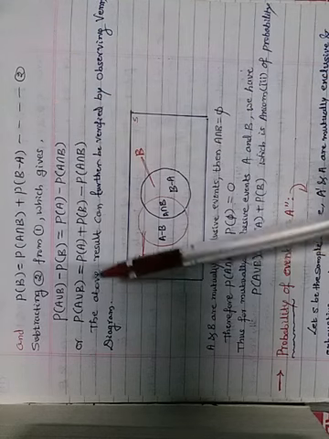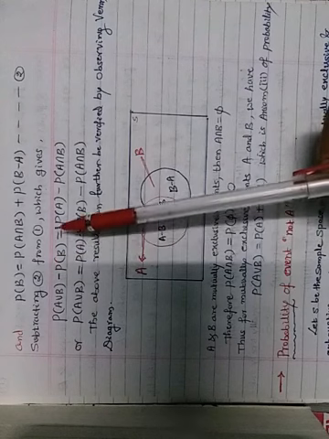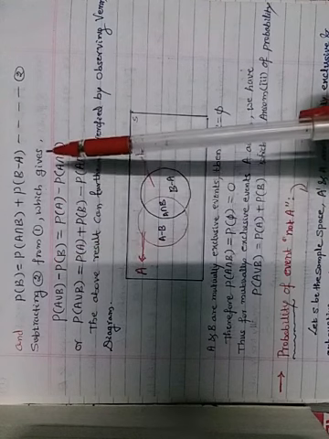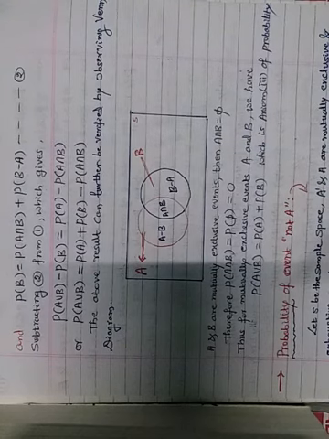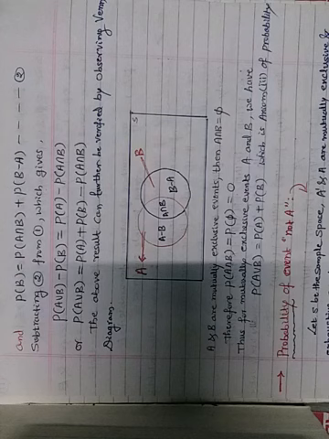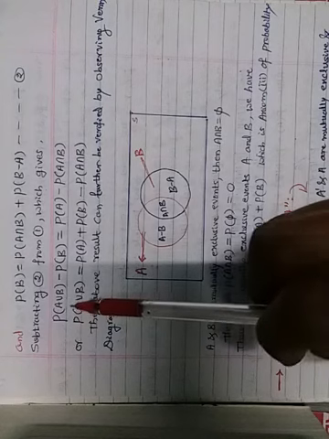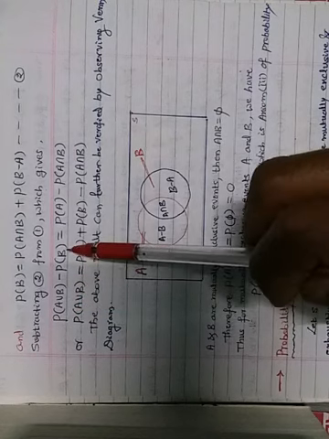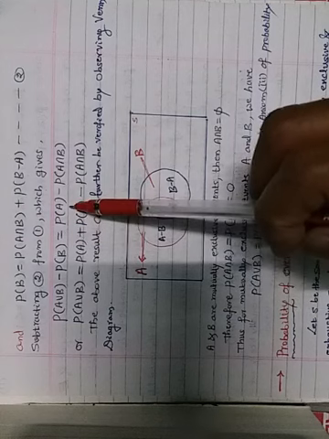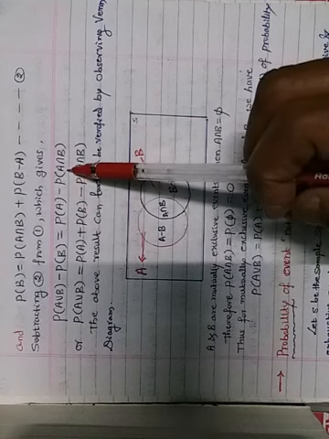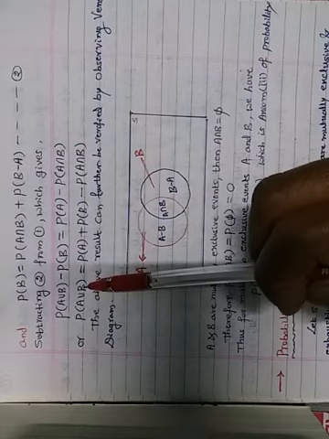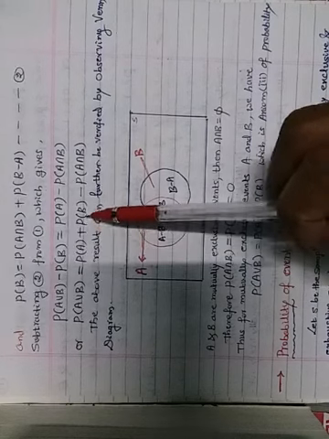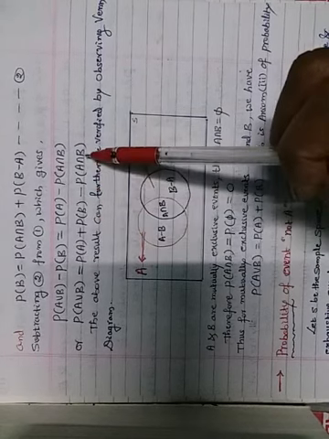So, subtracting the second equation from the first, which gives P of A union B minus P of B equals P of A minus P of A intersection B, or P of A union B equals P of A plus P of B minus P of A intersection B.